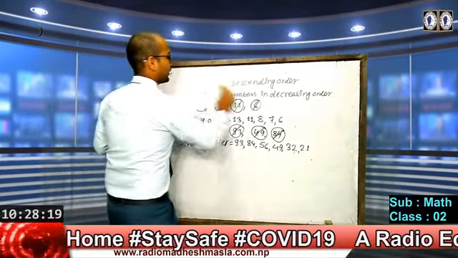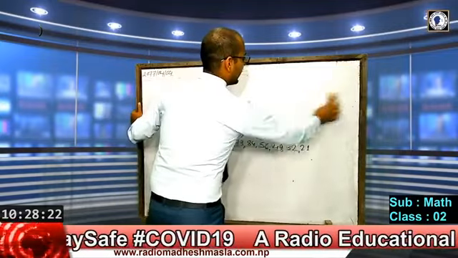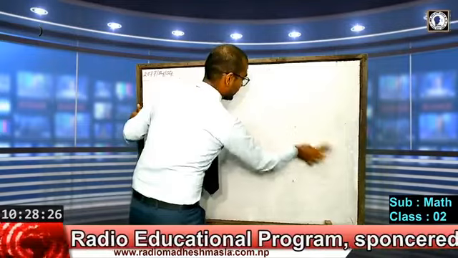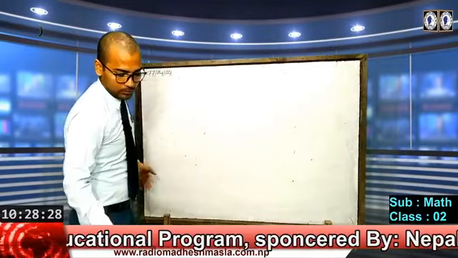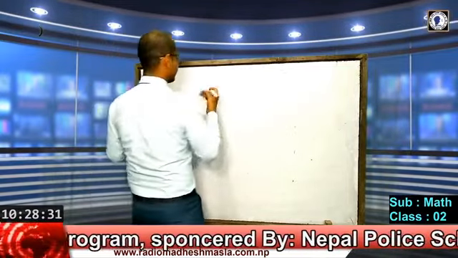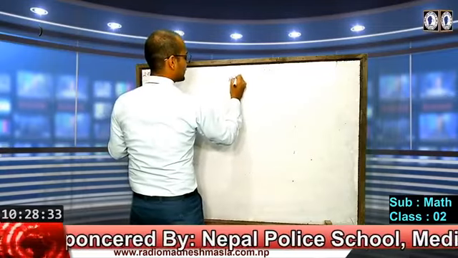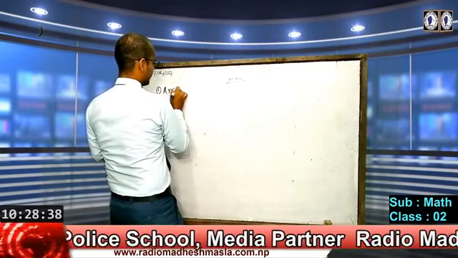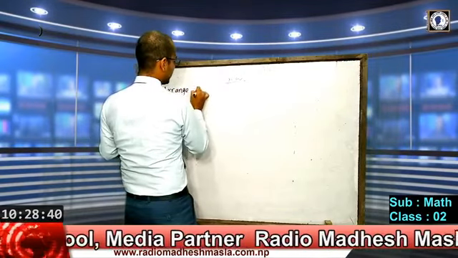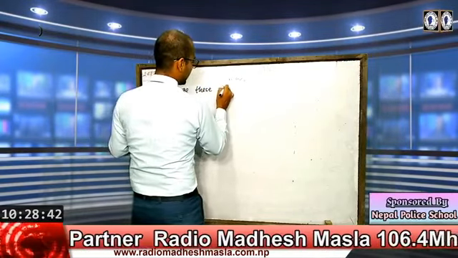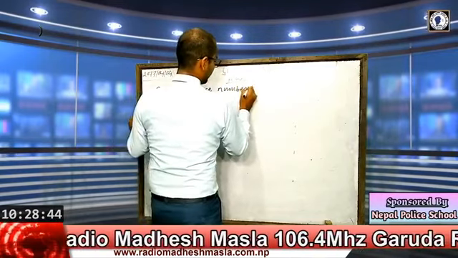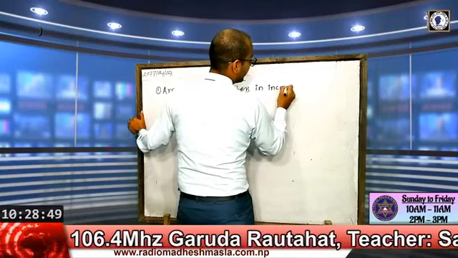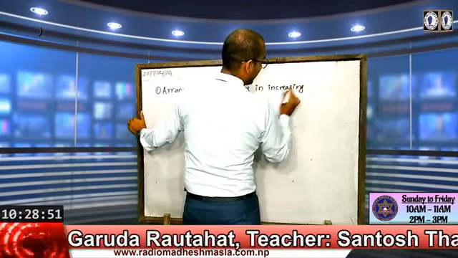Now I'm going to assign your homework for today of class 2. So write your homework. Your first question is: arrange these numbers in increasing order.